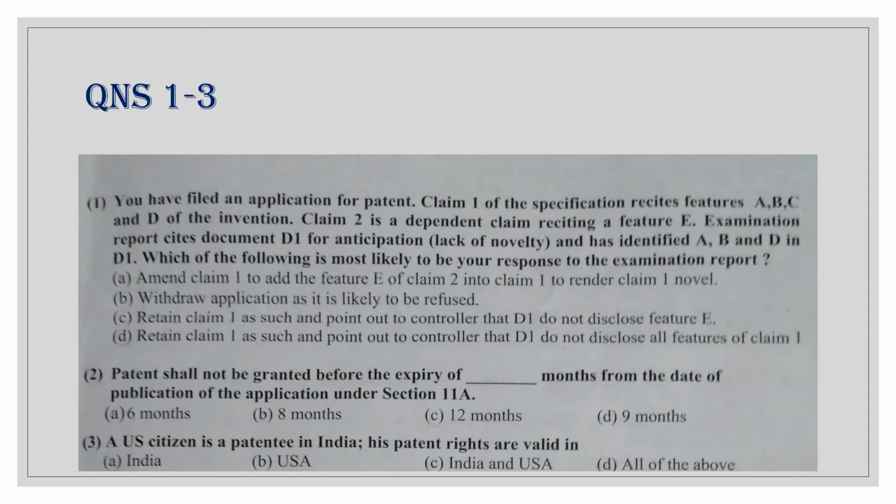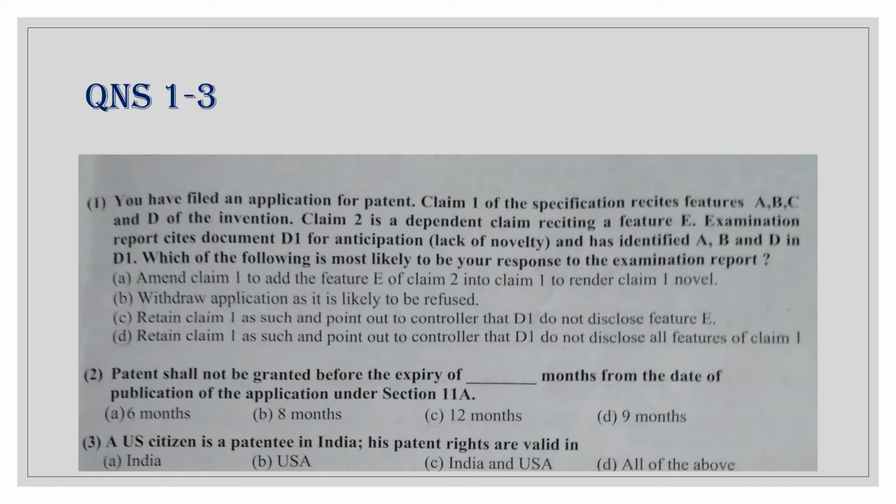Option C, retain claim 1 as such and point out to controller that D1 does not disclose feature E. Option D, retain claim 1 as such and point out to controller that D1 does not disclose all features of claim 1.